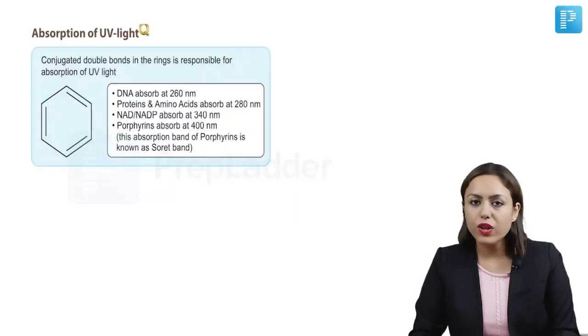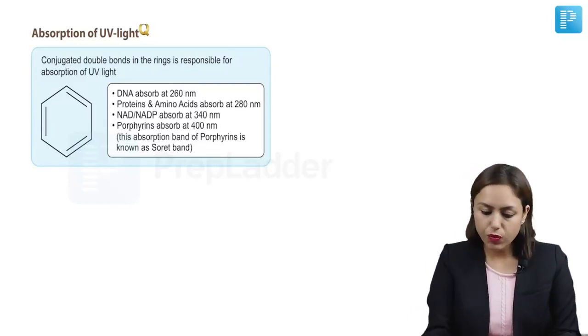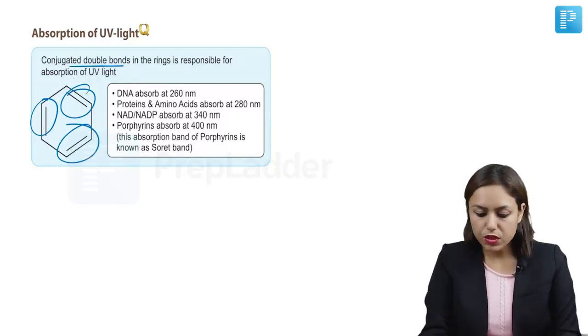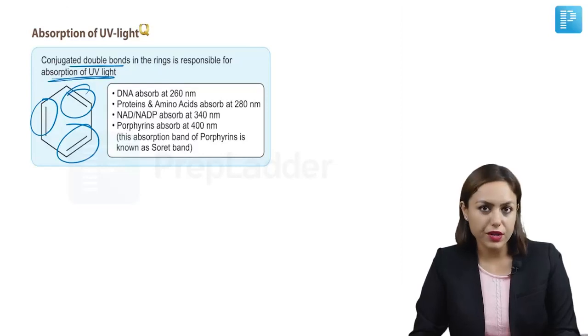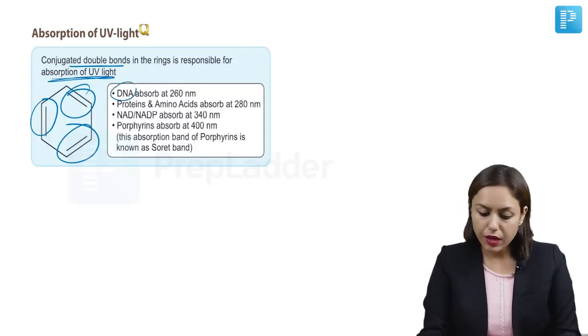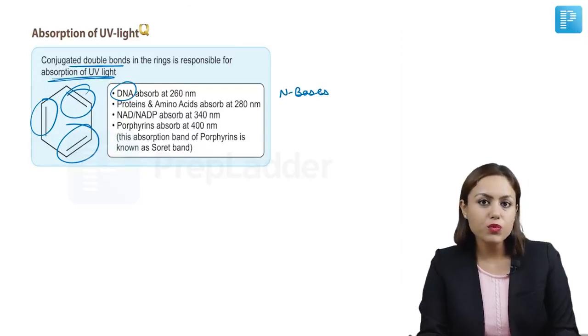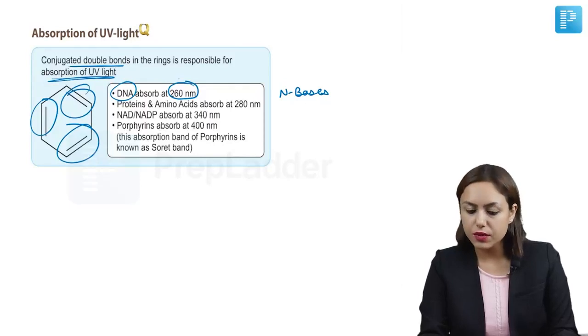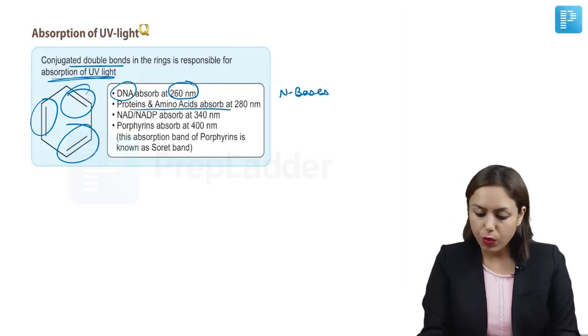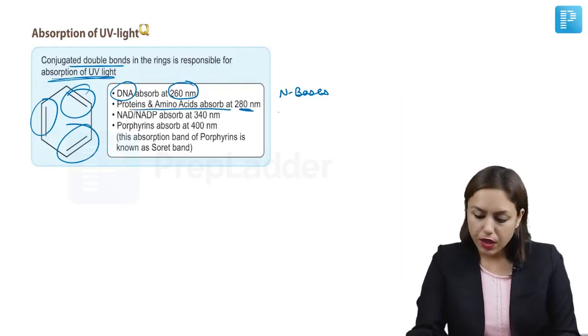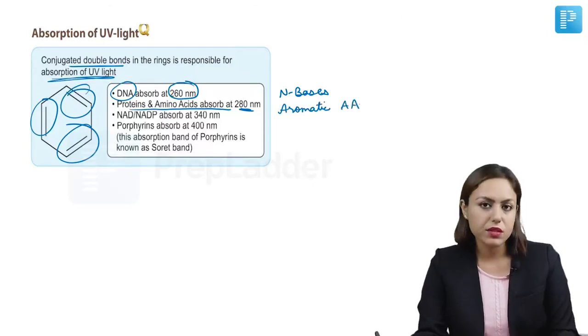Then absorption of UV light by nucleic acids. The conjugated double bonds in the rings are there, and due to these conjugated double bonds, there is absorption of UV light. In DNA, it is because of the nitrogenous bases, and DNA absorbs UV light at 260 nanometers. You have to learn this. Then proteins and amino acids absorb at 280 nanometers, because of aromatic amino acids.